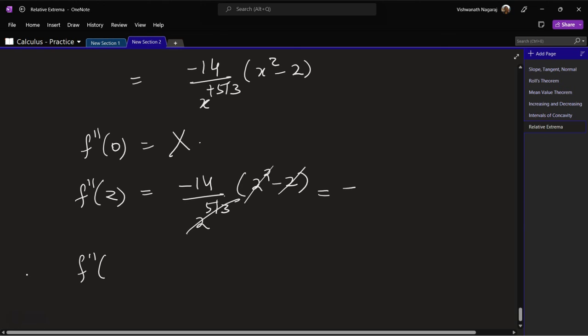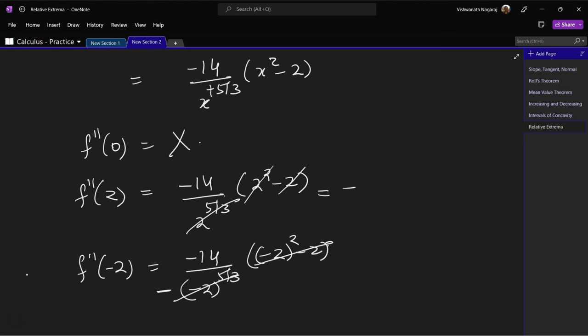Now, f double prime of minus 2 is going to be minus 14 by minus 2 to the power of 5 by 3 times minus 2 square minus 2. So this again will be positive, but now this denominator is going to be minus because of the fifth power and cube root.